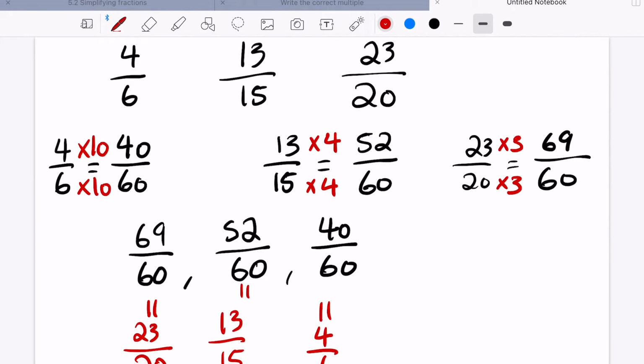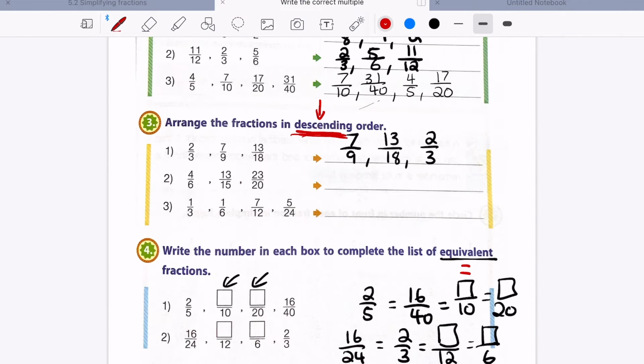So that's how we would write our answer. First we would write 23 20ths. Then we would have 13 15ths. Then we would have 4/6. Next one. Let's do the next one.